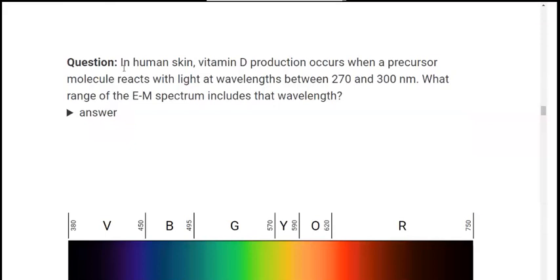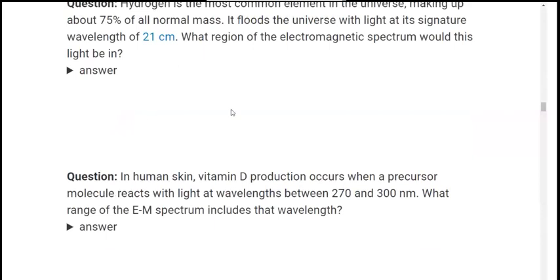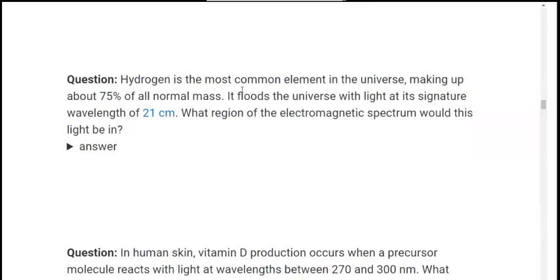Now, a few of the radiations will have variation in their wavelengths and frequency, and therefore, you see, hydrogen is the most common element in the universe, making up about 75% of all the normal mass in the universe.